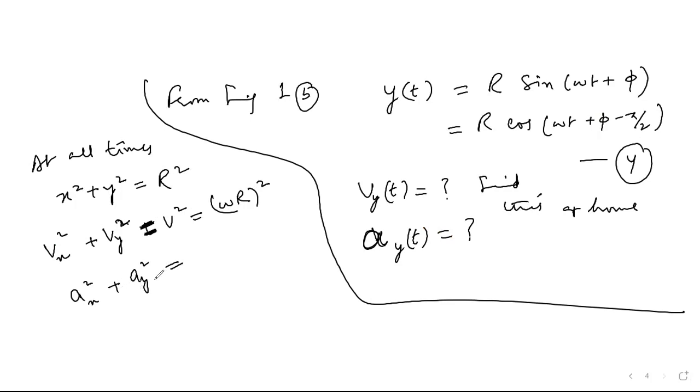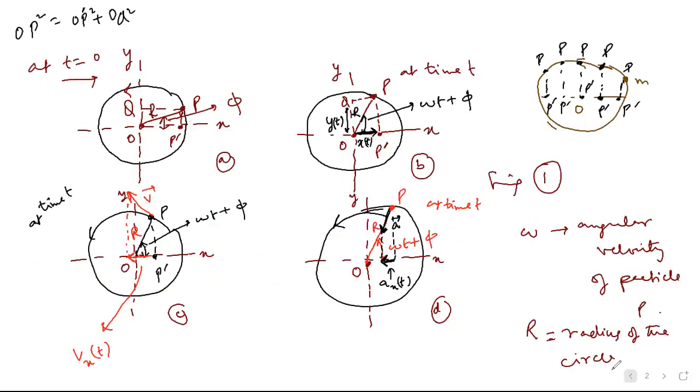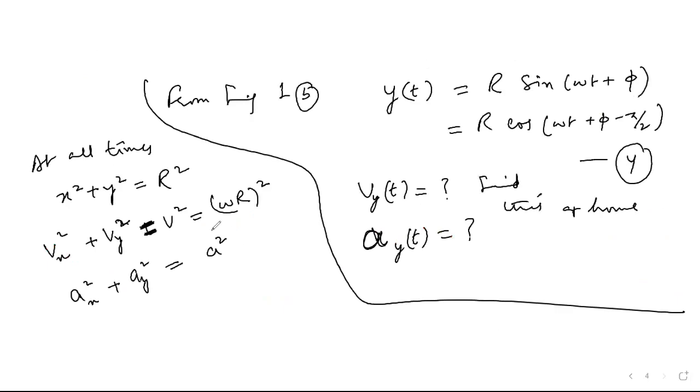Similarly, Ax square plus Ay square is A square. Again, Ax and Ay are components of A. A is the acceleration of particle P, and Ax and Ay are the accelerations of P prime and Q. If you replace A by omega square r, you can write it as omega square r whole square.